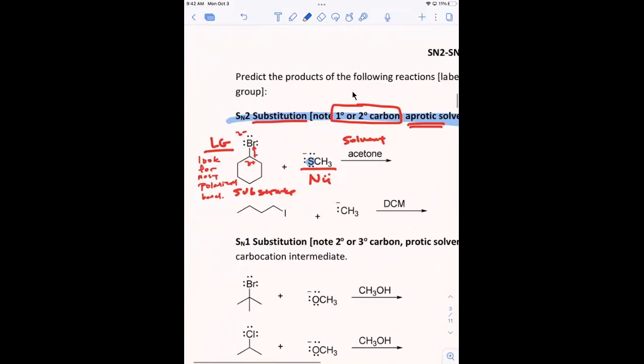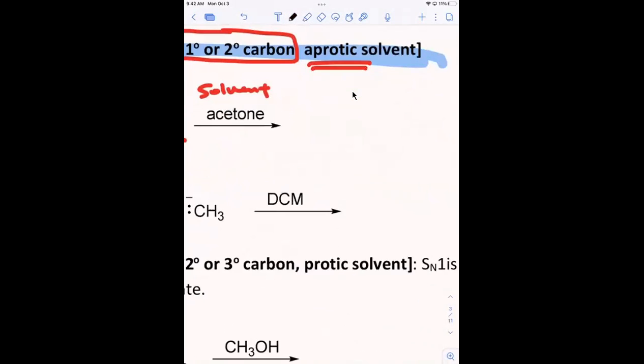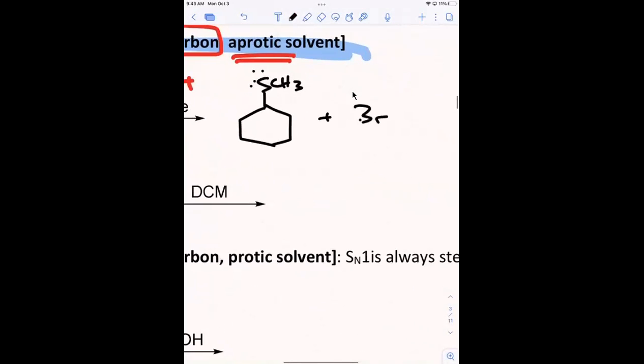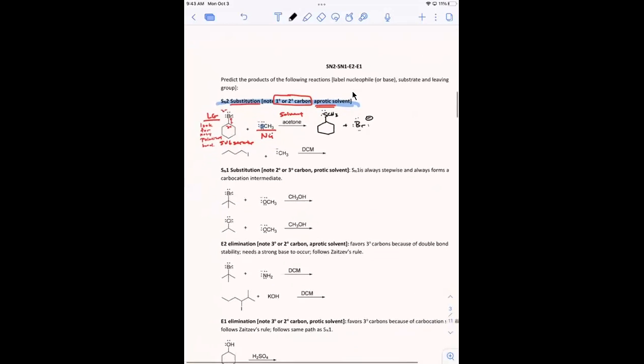Okay, so the sulfur and the bromine will switch. They switch places, yes. So they do this, plus Br minus.